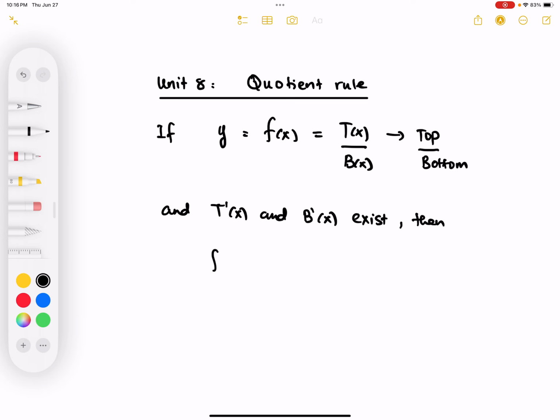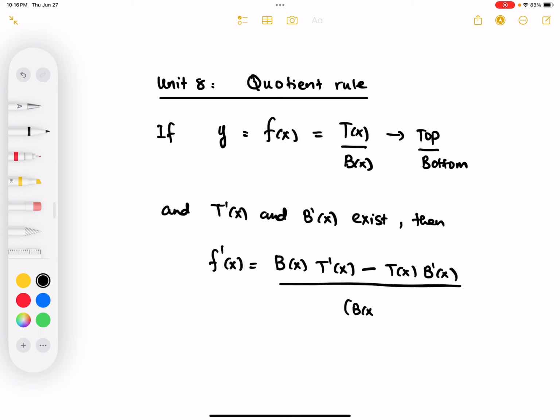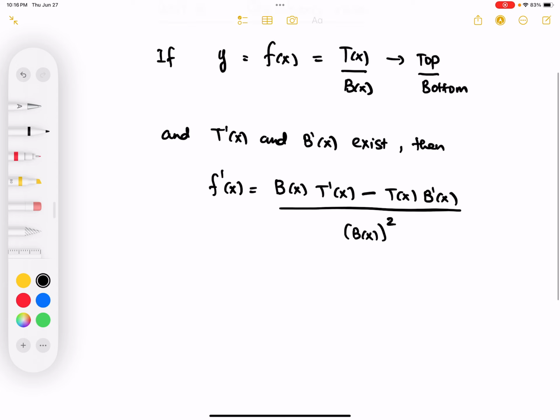The derivative of this is B of x multiplied by T's derivative at x, minus T of x times B's derivative at x, divided by B of x the whole square. This is very important. Look, this is minus, unlike the product rule.